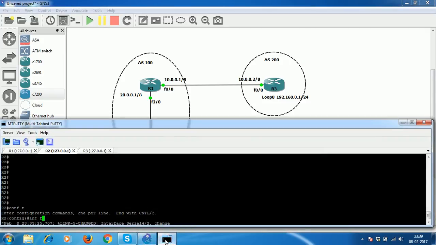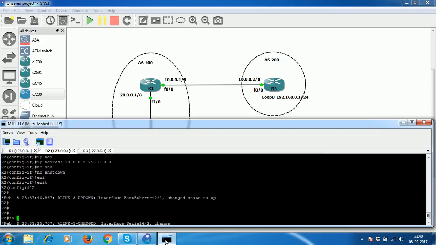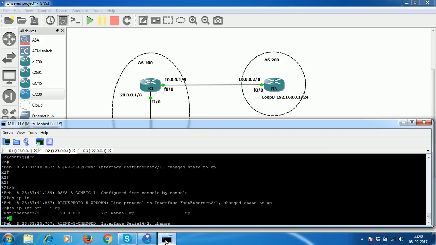So interface FastEthernet 2/1, IP address 20.0.0.2, 255.0.0.0, no shutdown. Exit. Show ip int brief. See, I have configured a single interface in router 2.